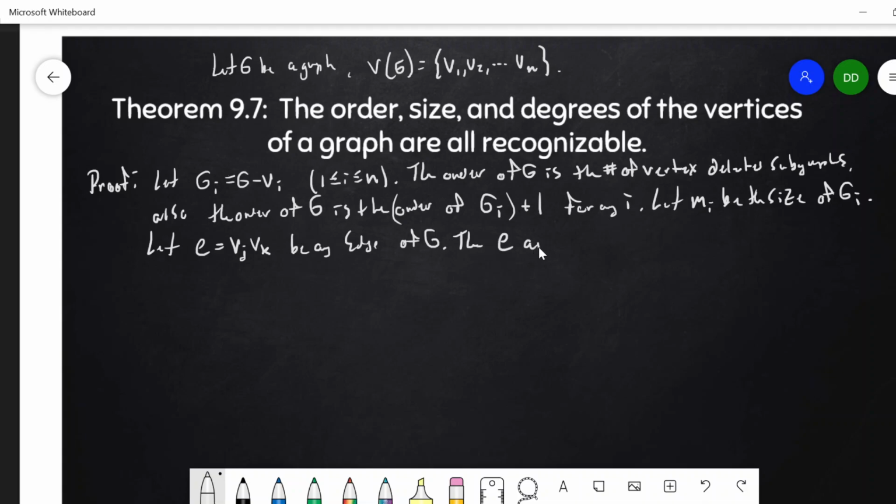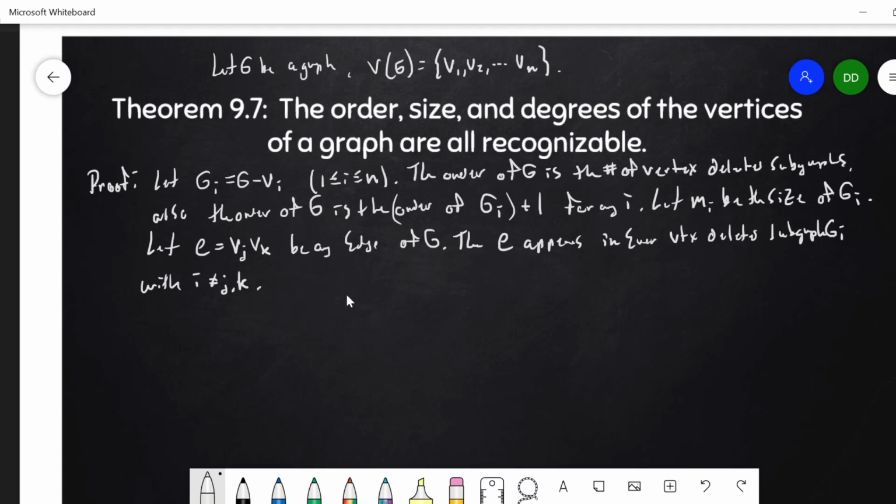Then e appears in every vertex deleted subgraph G sub i with i not equal to j or k.